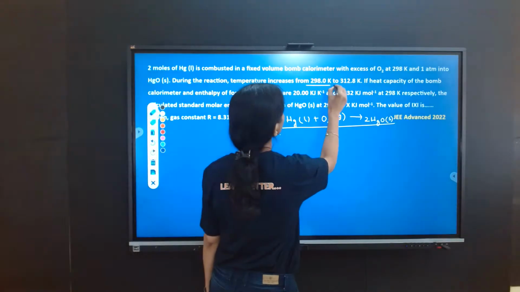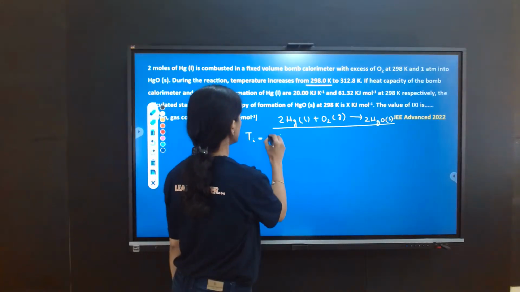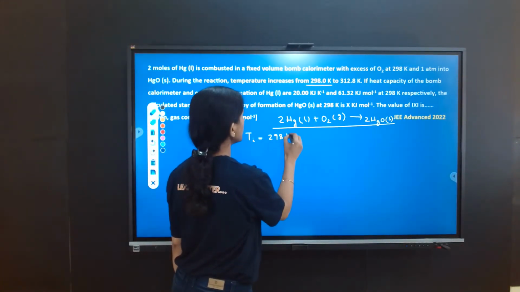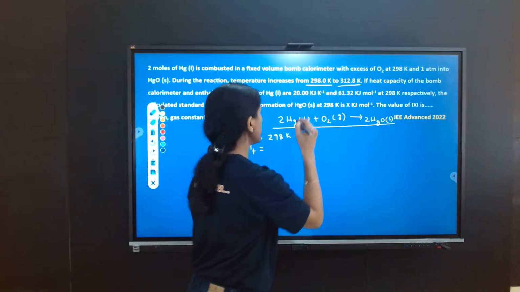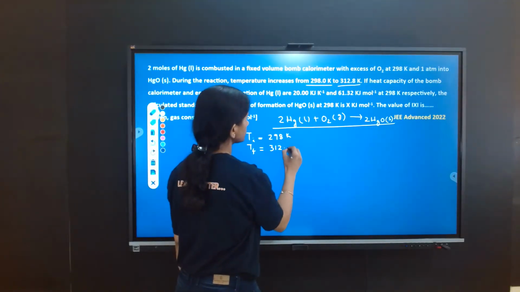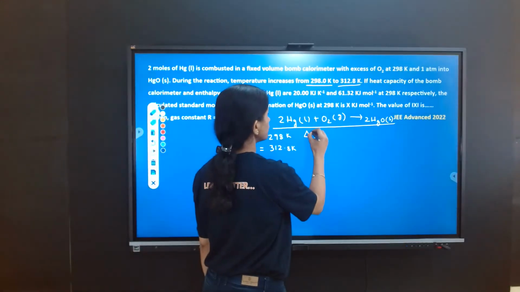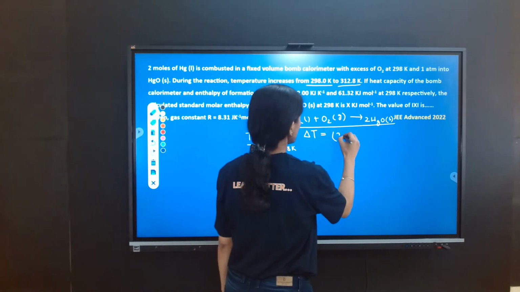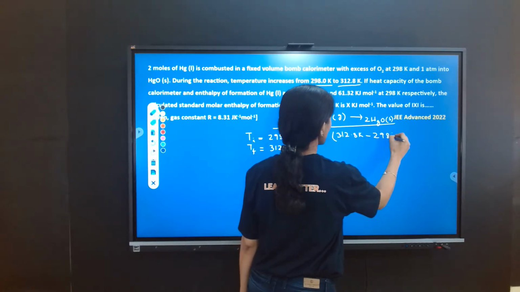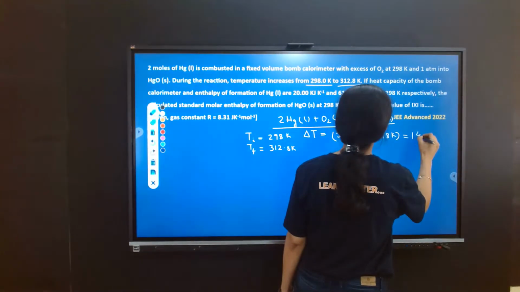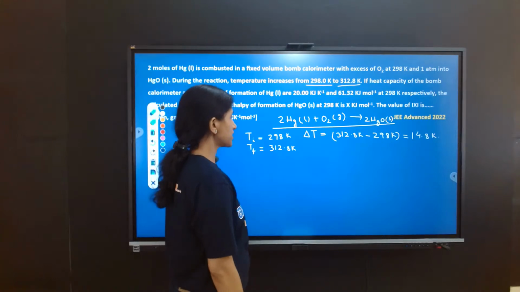We have the initial temperature of the calorimeter, which is 298 Kelvin, and the final temperature is given as 312.8 Kelvin. From that, we can easily calculate the change in temperature, delta T, that is 312.8 K minus 298 K, and this gives you 14.8 Kelvin. So this is the change in temperature due to this combustion reaction.